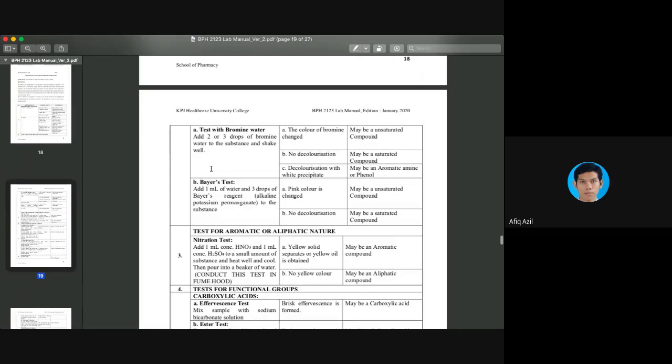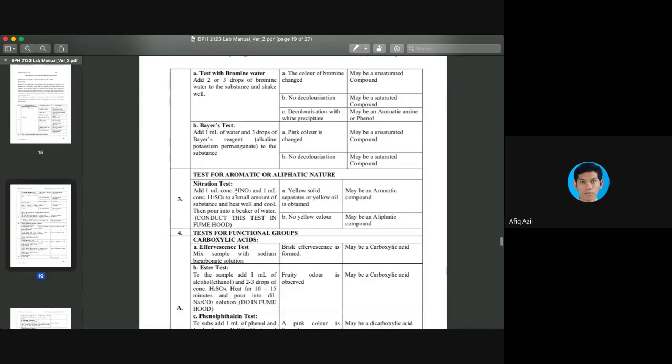And then you have the Baeyer test. And number 3 will be for the aromaticity. So this is to check whether the compound is aromatic or not. In theory, you can determine whether a compound is aromatic by determining whether the compound follows Huckel's rule, whether it is planar, whether it contains conjugated double bonds, and so on.